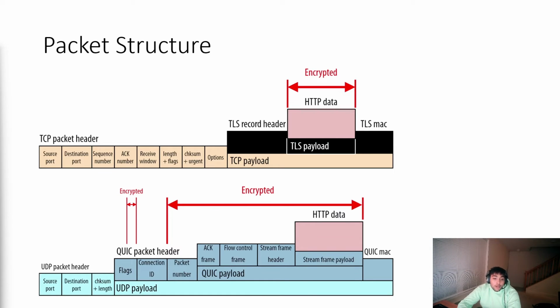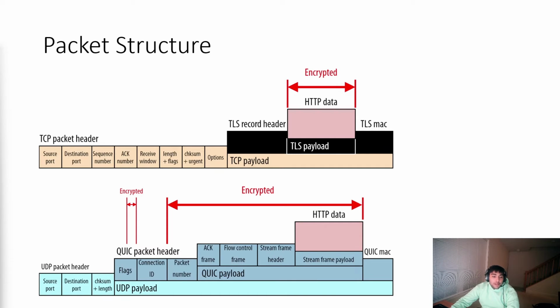That makes us run on top of UDP, deeply encrypted, and prevents the middle boxes from messing with our traffic. And that allows us to be much more flexible in the future. That's why we can't just have a TCP 2.0, because that would take years to deploy.